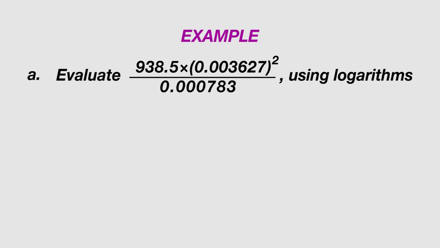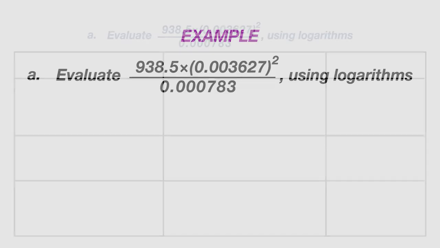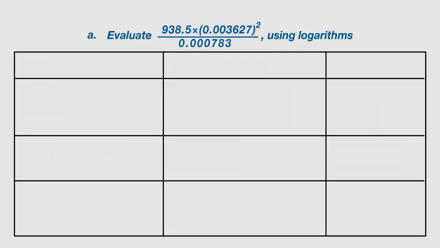Now, the solution to this question is put in a table form. And in the table, we'll have 3 columns. We have the first column for the numbers, the second column for the logarithms, and in the third column, we write the instructions.